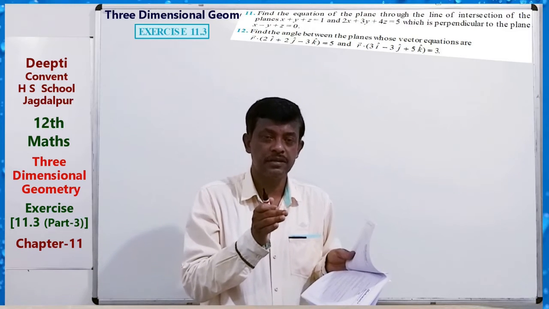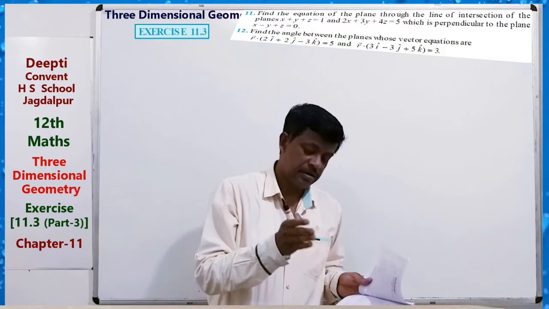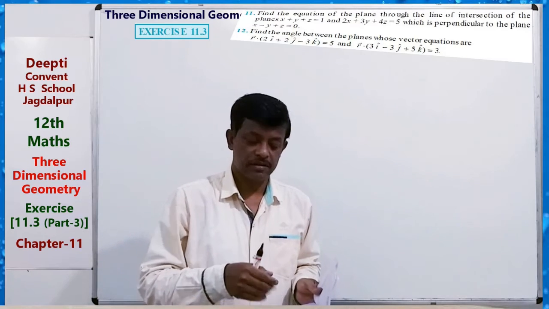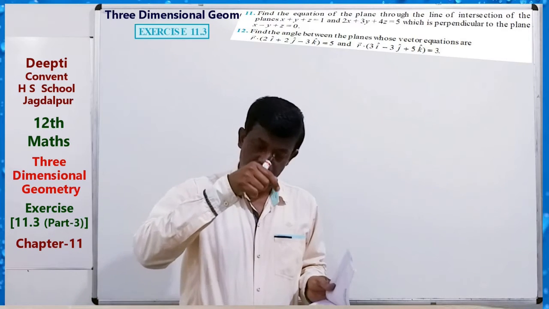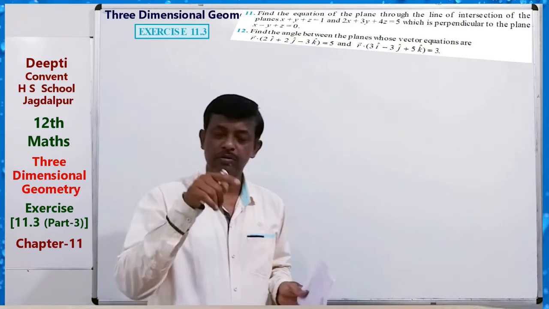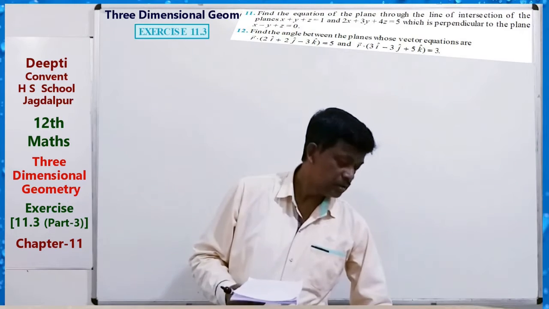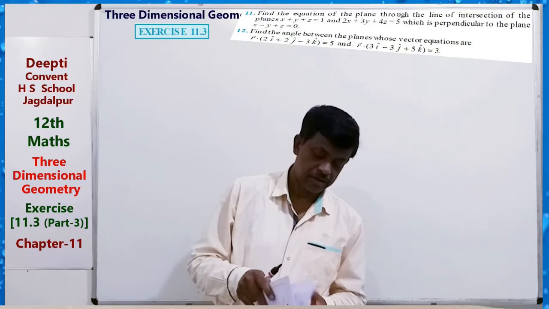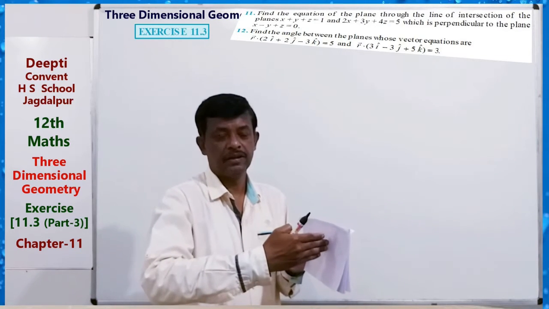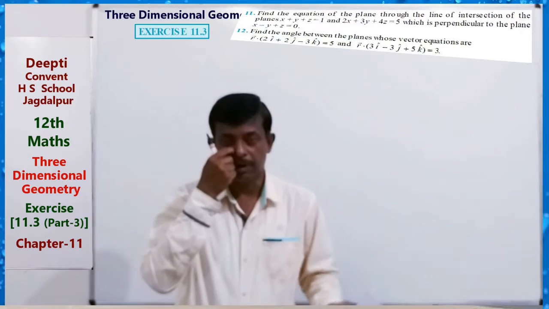That means the plane is perpendicular to another plane. That means the normal to the required plane is perpendicular to the normal of the other plane. Then its normal and the other normal are also perpendicular.